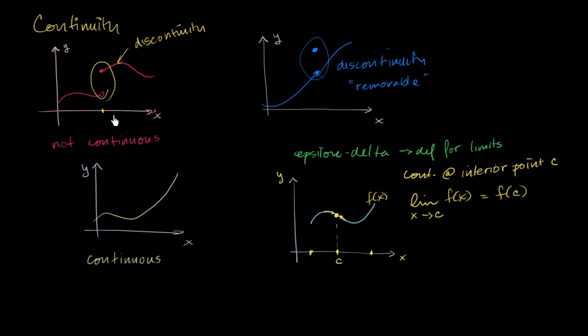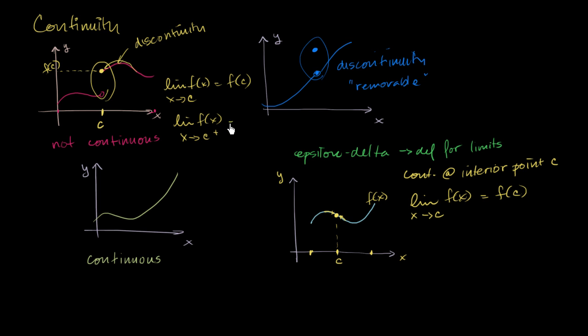Now, let's think about if these would have somehow been able to pass for continuous in that context. Well, over here, let's say that this is our point C. F of c is right over there. That is f of c. Now, is it the case that the limit of f of x as x approaches c is equal to f of c? Well, if we take the limit of f of x as x approaches c from the positive direction, it does look like it is f of c.